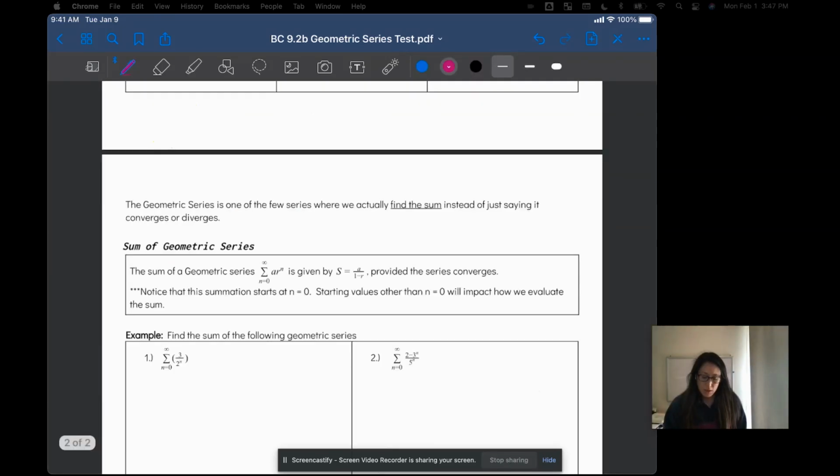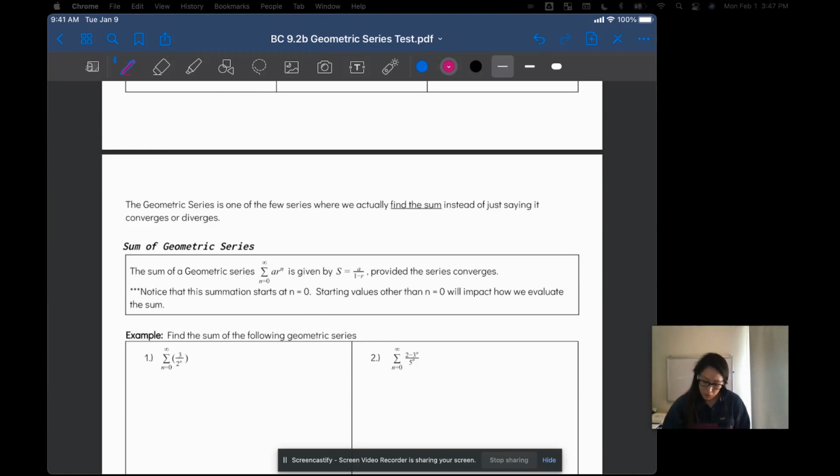Okay. To find a geometric series, when it converges, we can actually figure out what value it converges to because we have a pretty easy formula for that.